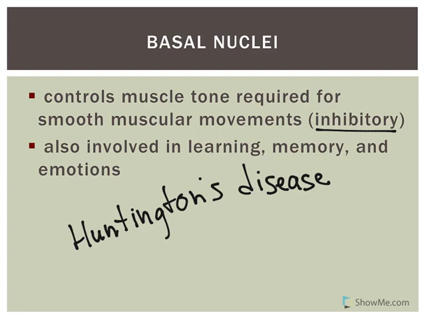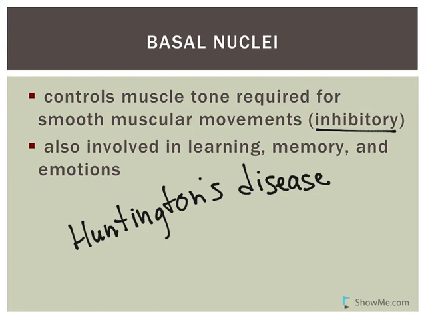Remember, with Parkinson's disease, the issue is that they have less dopamine produced from the substantia nigra, which is located in the midbrain. What that dopamine produced by the substantia nigra does is regulate the activity of the basal nuclei. Without the dopamine, the basal nuclei is more active.